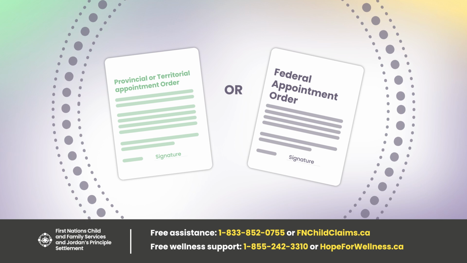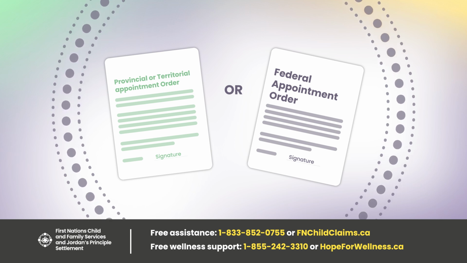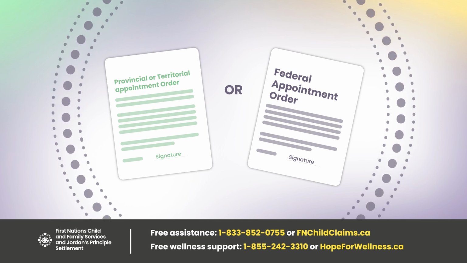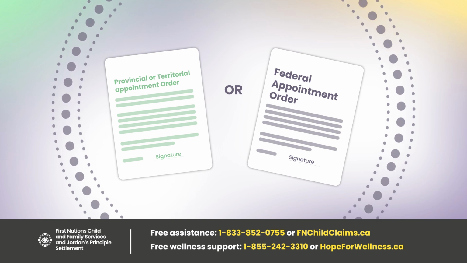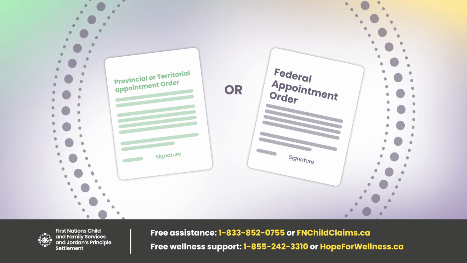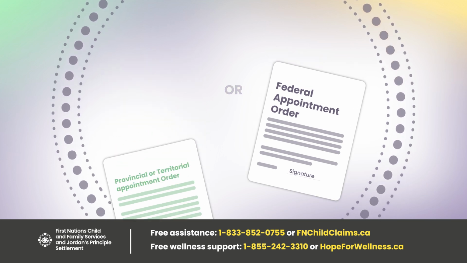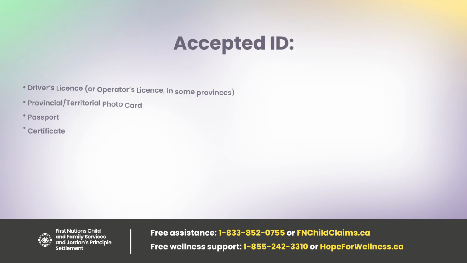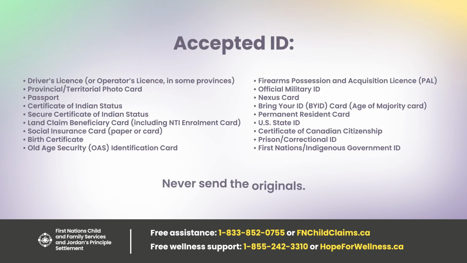It could also be a provincial or territorial appointment order, including appointment of a public guardian and trustee, or a federal appointment order for the administration of property. Then, as the personal representative, you'll also need to provide a copy of one piece of your government-issued ID to the administrator. Again, remember, only send scans, photocopies, or photos of ID and other documents. Never send the originals.